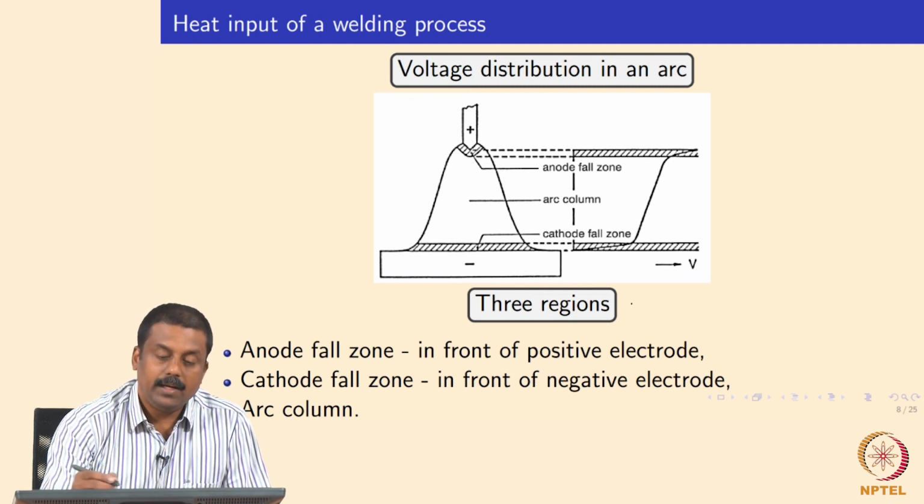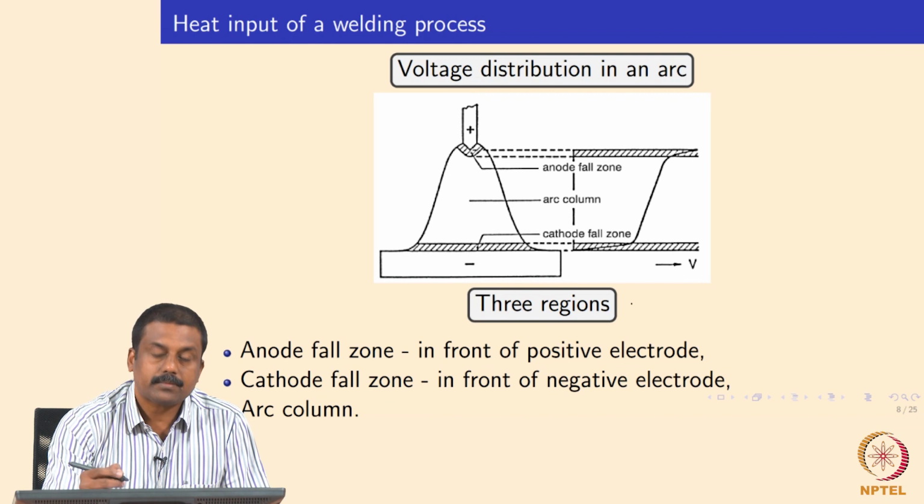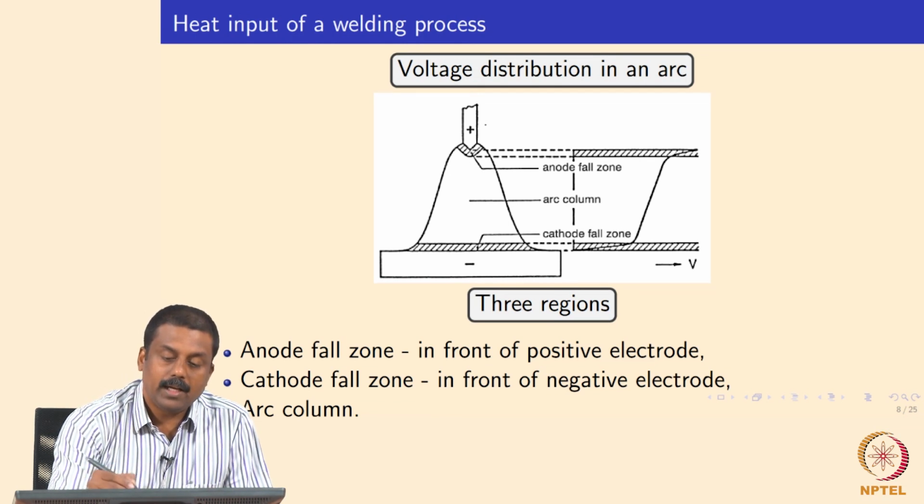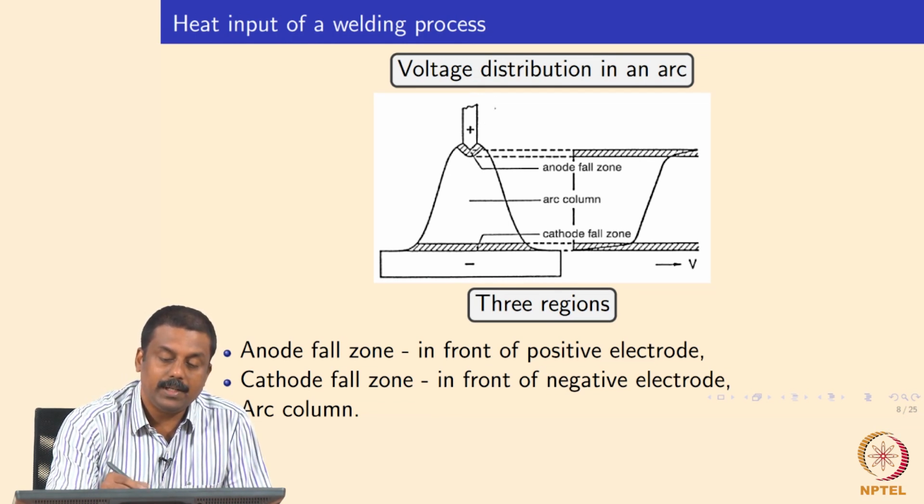If your electrode is positive, you have the anode, which is your filler wire, and you create an anode fault zone and an arc column surrounding the anode. If your electrode is positive, obviously the workpiece is negative, then you have a cathode fault zone just above your workpiece. So these 3 distinctive regions are always present in GMAW.